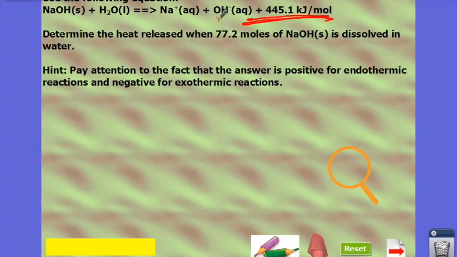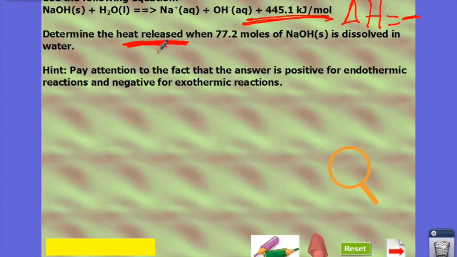So you can either write the equation like that, or you could put delta H equal to that number, and you put it as a negative number. So you either put it as part of the equation, or you write down delta H at the end. You need to put if it's positive or negative. Determine the heat release.